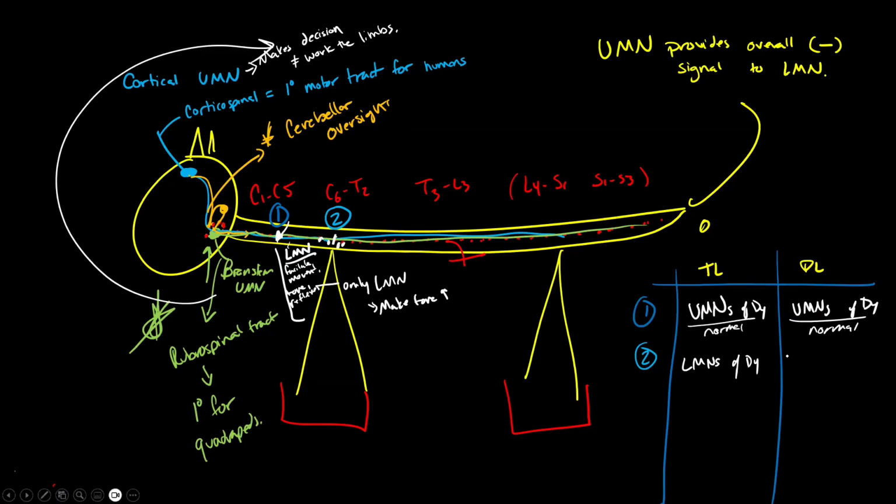And that's because we've damaged those lower motor neurons at the level of the thoracic limb. And we will then still see the upper motor neuron signs of dysfunction in the pelvic limbs. Again, they're unlikely to be normal.